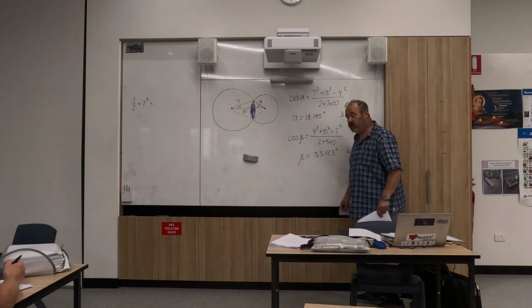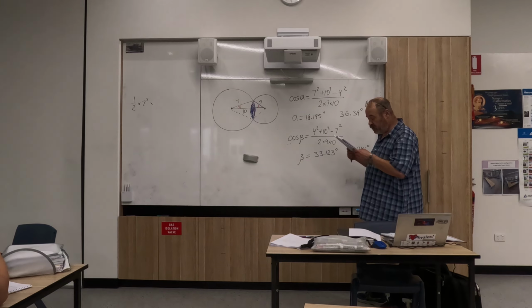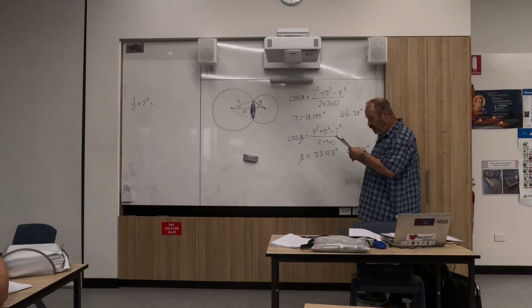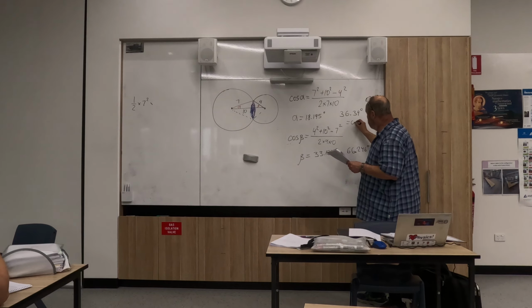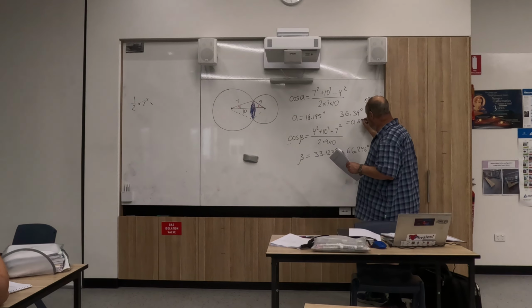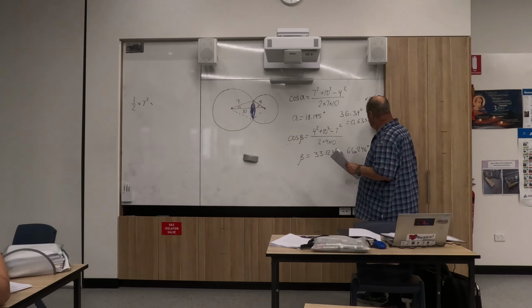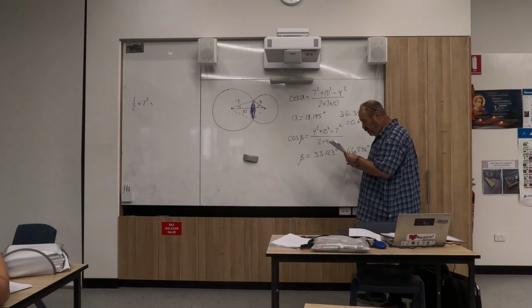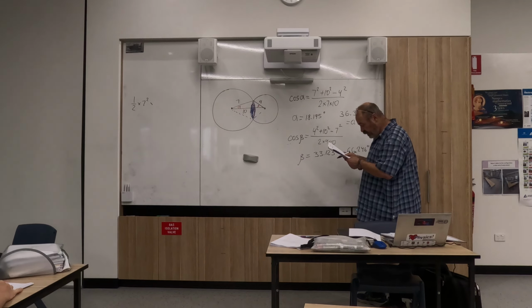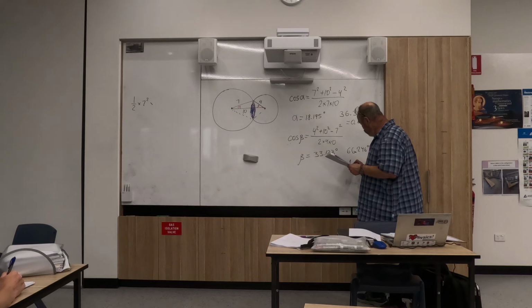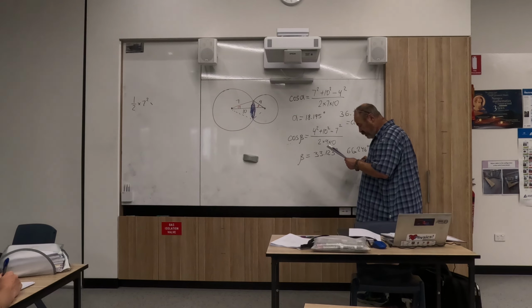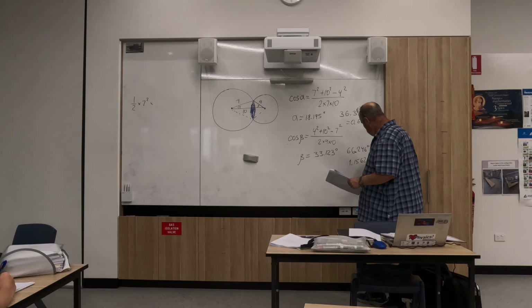In this case, it is better to find angles in radians, and this will be equal to 0.6352 radians, and this will be equal to 1.1562 radians.